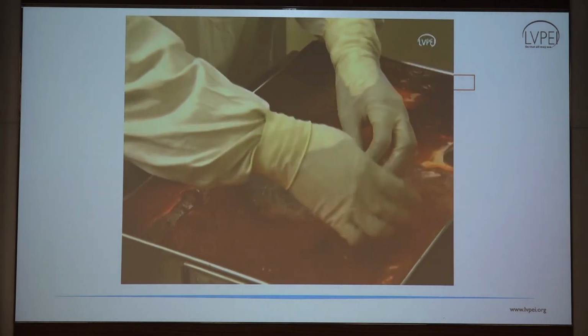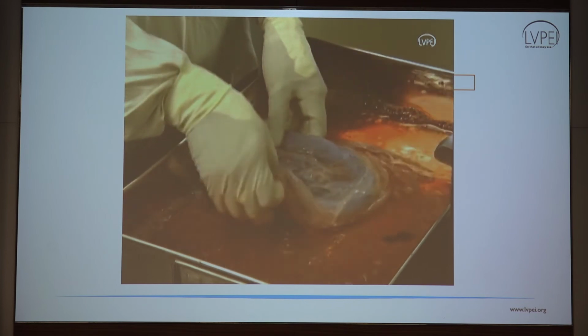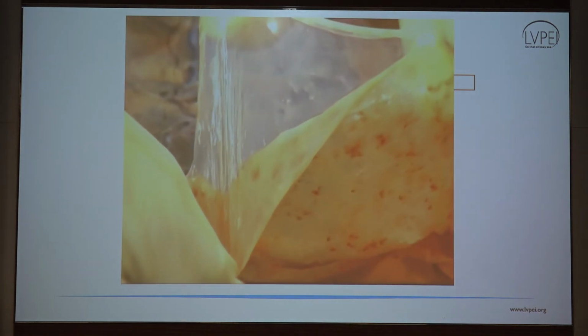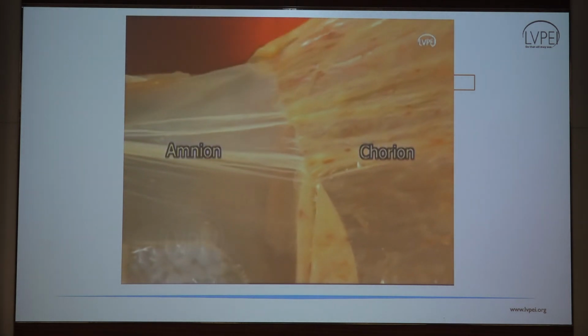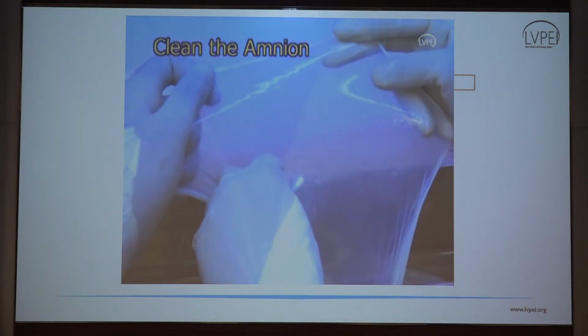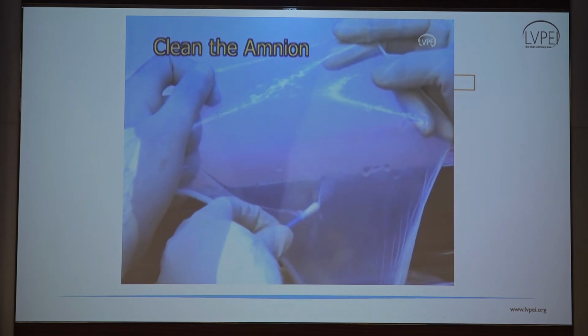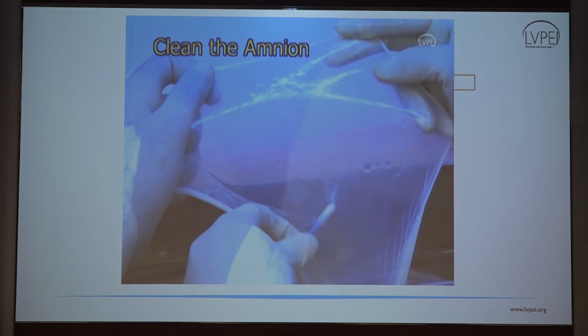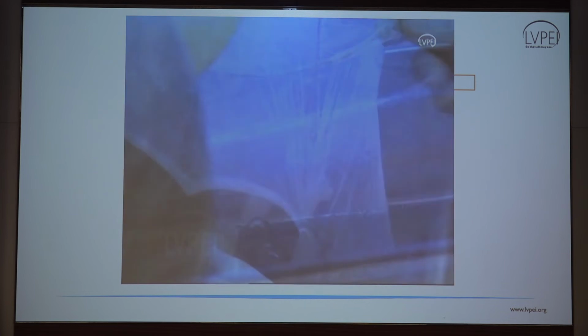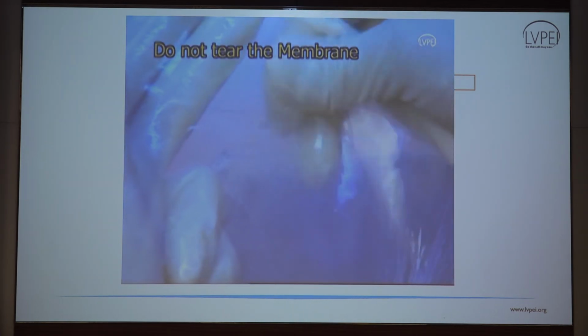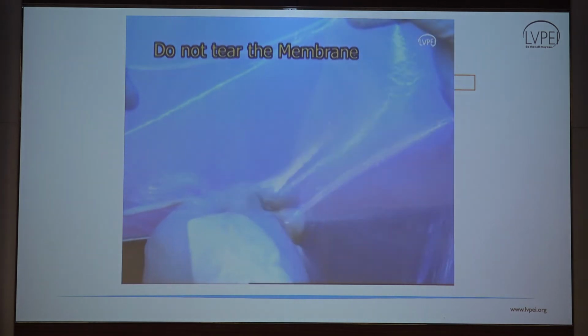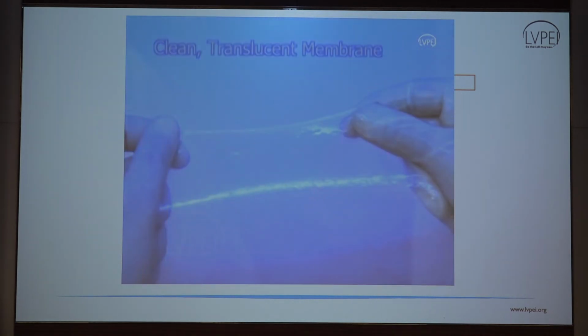After thorough saline wash to remove all the blood clots and any extraneous tissues, the amnion and the chorion are separated. All tiny bits of fibrous tissue are removed from the amnion, and it is thoroughly cleaned, making sure that we do not tear the membrane.